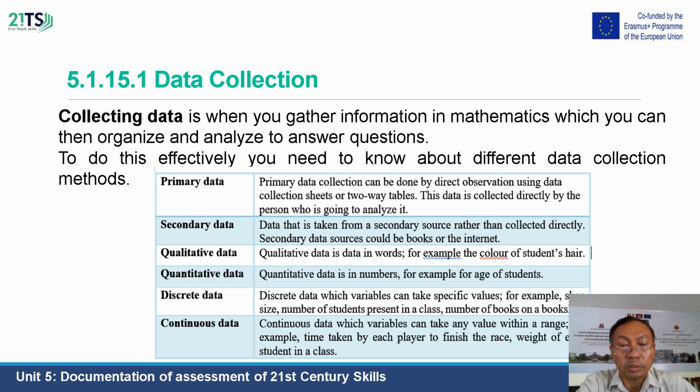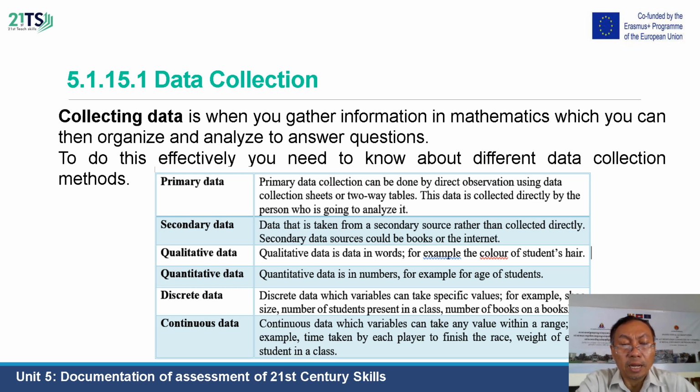Secondary data sources could be books or the internet. Qualitative data is data in words, for example, the color of students' hair. Quantitative data is in numbers, for example, the age of students.